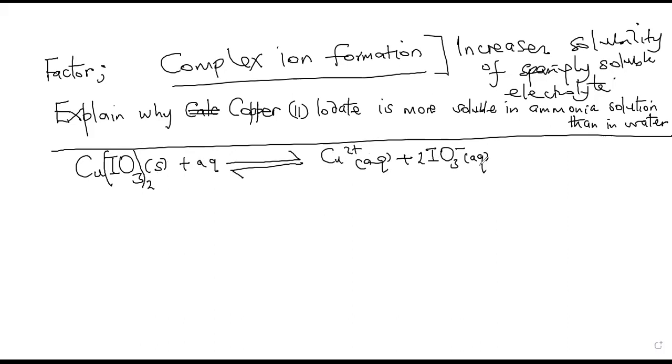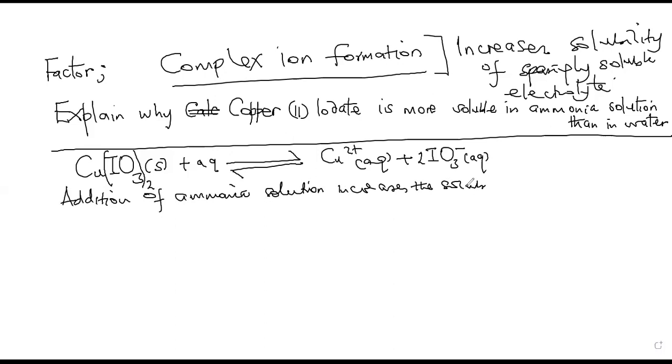It means that you first tell us that addition of ammonia solution increases the solubility of copper 2 iodate.